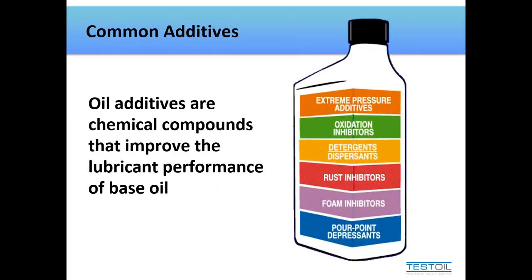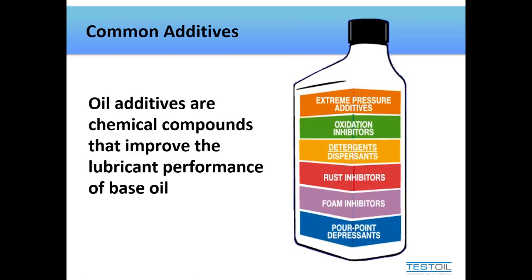Common additives, you have extreme pressure additives, oxidation inhibitors, detergents, rust inhibitors, foam inhibitors, and pour point depressants. And depending on what kind of machine and what kind of applications it is, you choose an oil by what kind of additives is in it. Some oils, they don't need the extreme pressure additives, so you don't find that in, say, a turbine oil.